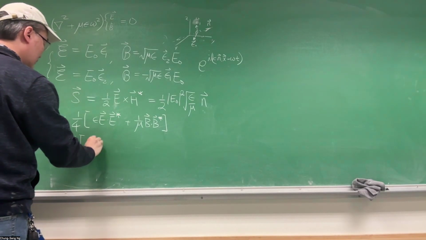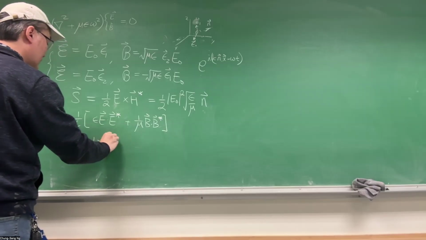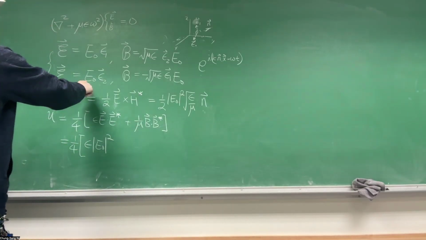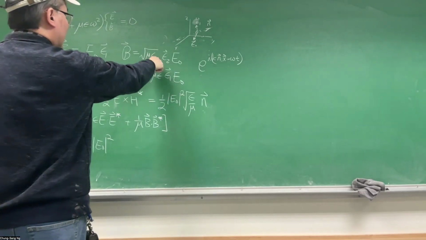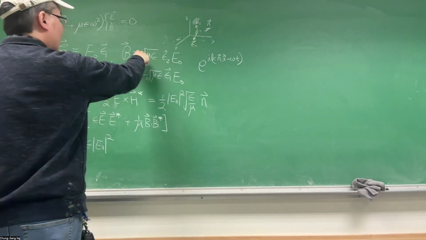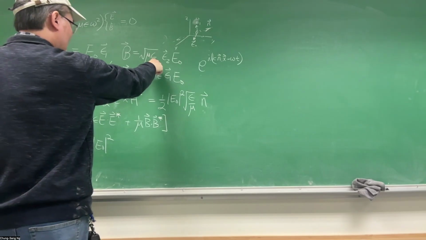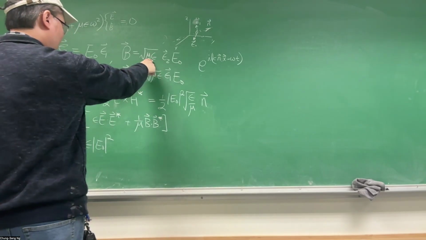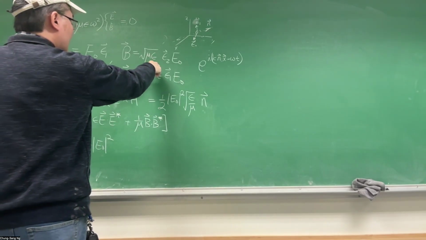Epsilon magnitude of E0 squared. And likewise for B, you have the square of this factor, mu epsilon, but you divide it by mu, so you recover the epsilon.